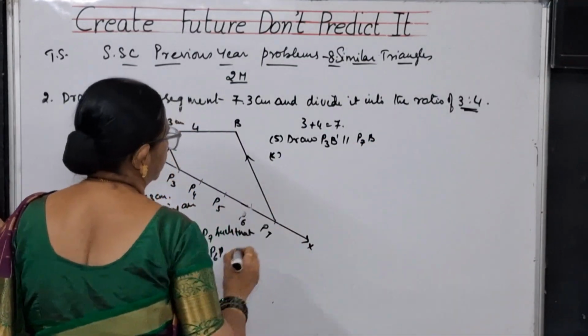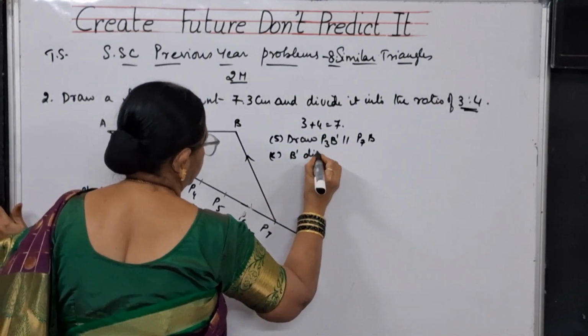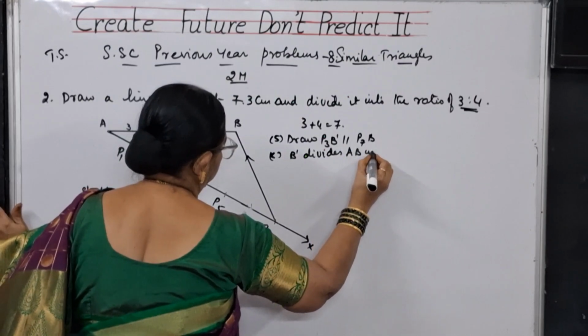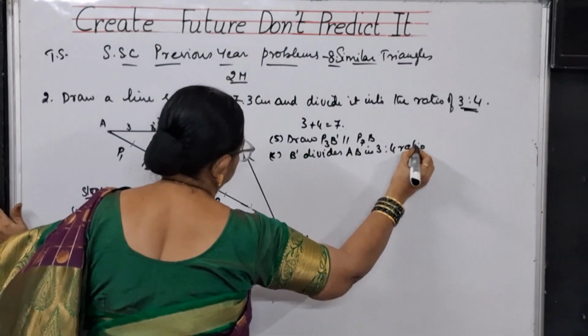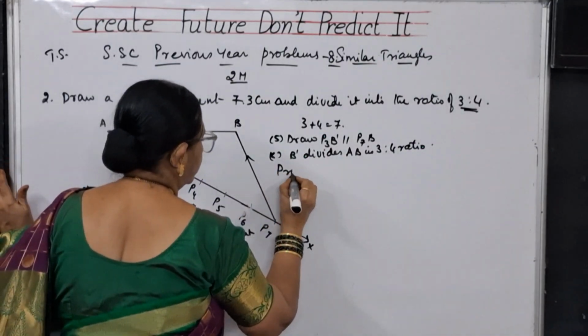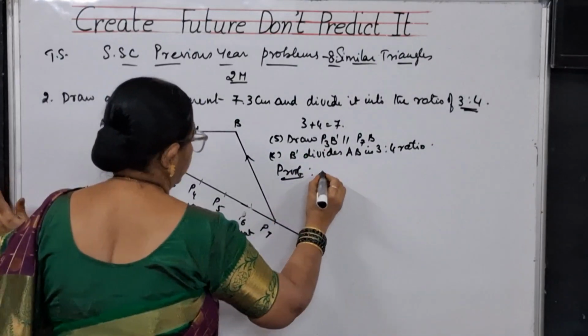Sixth one, B dash divides AB in 3:4 ratio. Now let us prove it. Is it really true? Let us prove it.